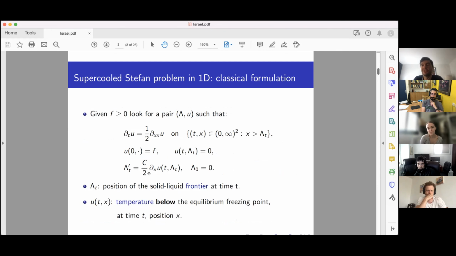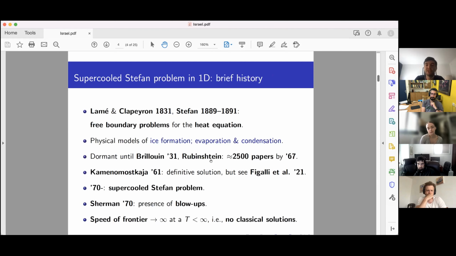So mathematically, that's the only difference. This positive sign convention leads to these blowups, and that makes the problem interesting because, in particular, you cannot expect to have a classical solution to the PDE even in one dimension.